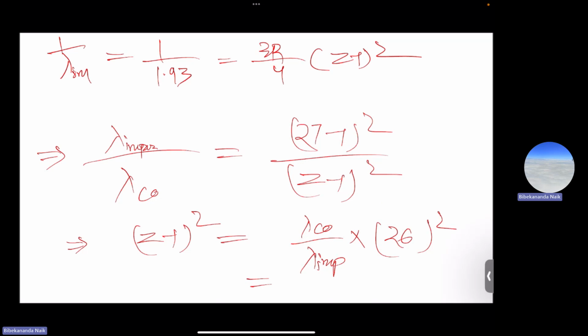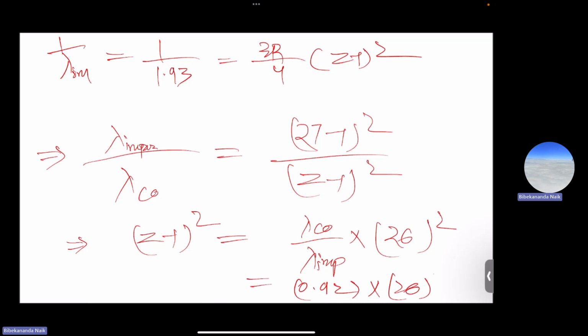If you calculate the values, it is 1.785 divided by 1.93, which is 0.92, so 0.92 into 26 square.